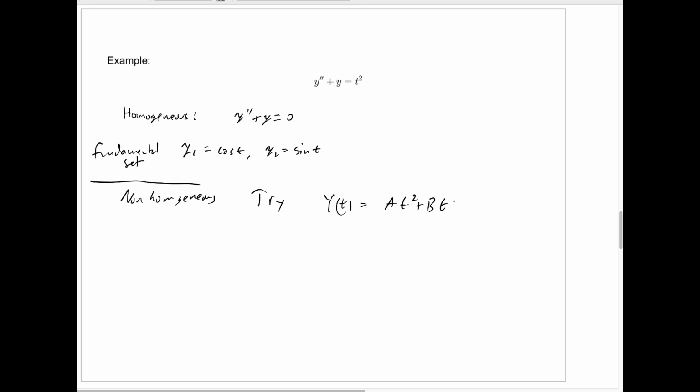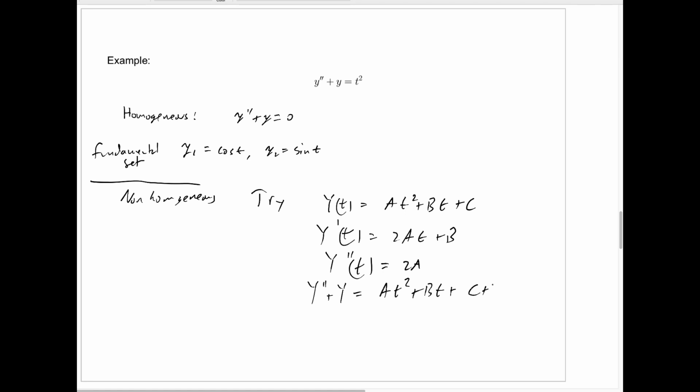Then it's easy to compute y prime of t is 2at plus b, y double prime of t equals 2a, so that y double prime plus y is just this plus this. That would be a t squared plus b t plus, we'd have c plus 2a.